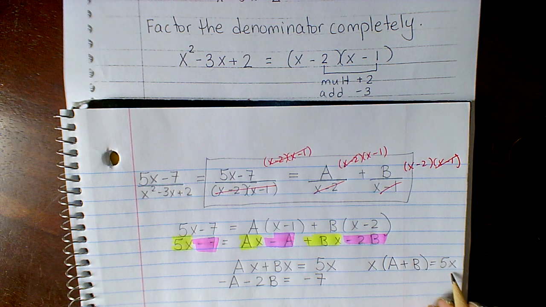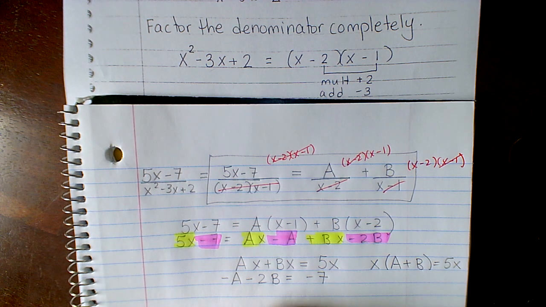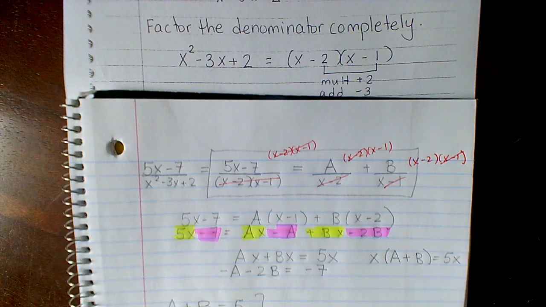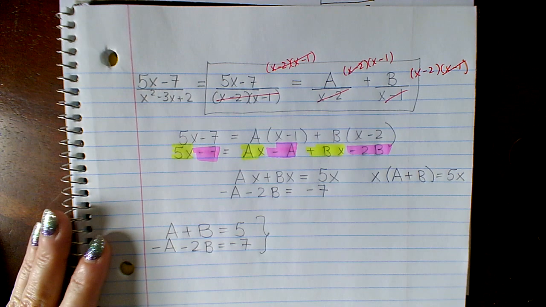See, a plus b must be 5. So that gives us that a plus b must be 5, and negative a minus 2b has to be negative 7. So maybe you're having some flashbacks at this point.